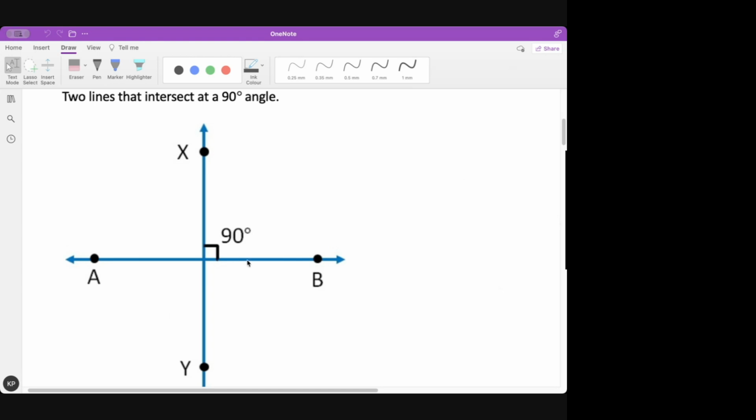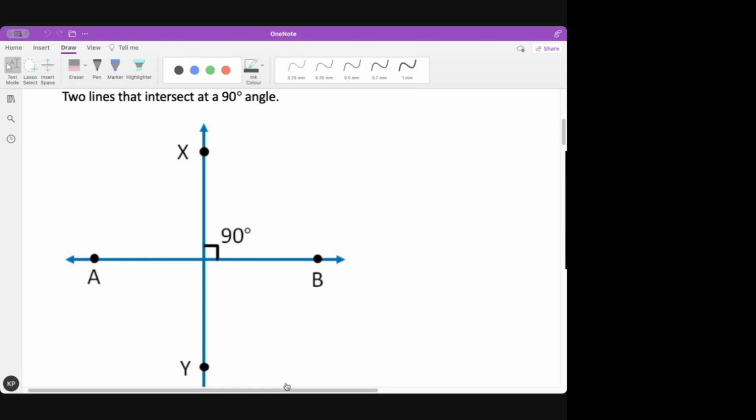What does that block mean? We also dealt with it in the previous lesson. Yes, that's correct. It means the angle is 90 degrees.